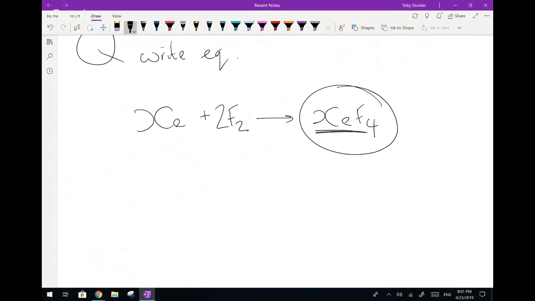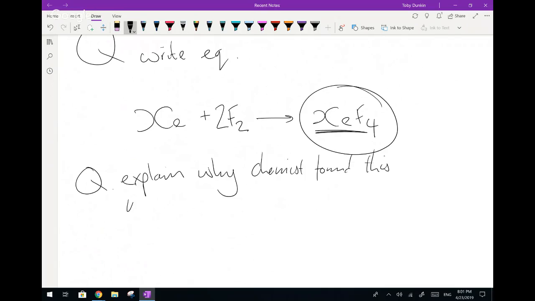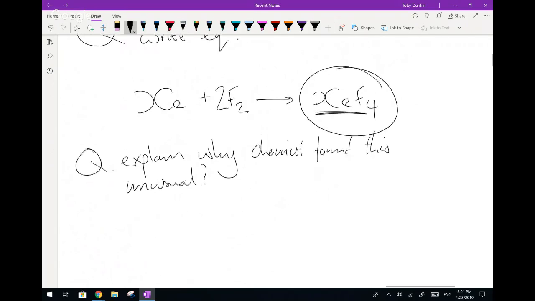The next question that they asked was explain why chemists found this unusual. And the answer, of course, is bullet point number one, xenon is a noble gas.